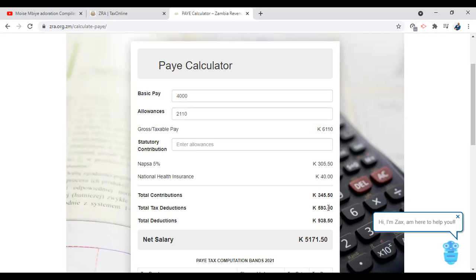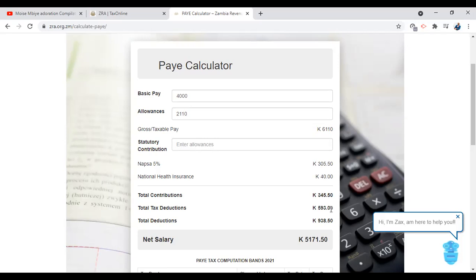But that does not come to ZRA, and therefore you should not pay particular attention to that. It's for NAPSA. It is just there to show the taxpayer how much they will go home with, at least before other deductions, if they don't have loans and other deductions on their payslip, after we remove the tax component and also this NAPSA amount. So your interest must be 593. That is what you take to the return.